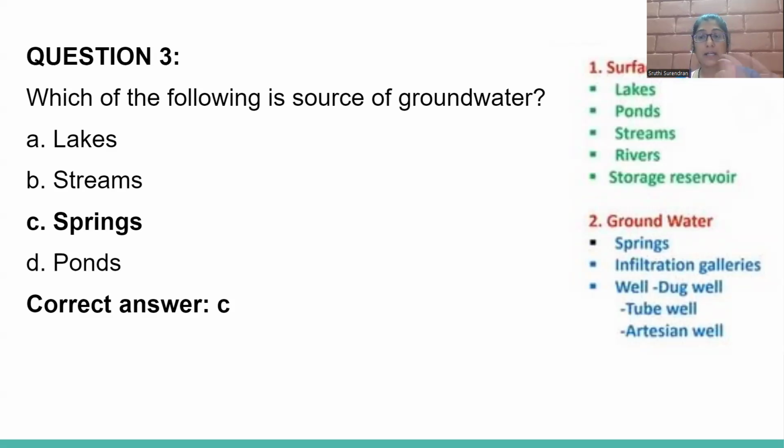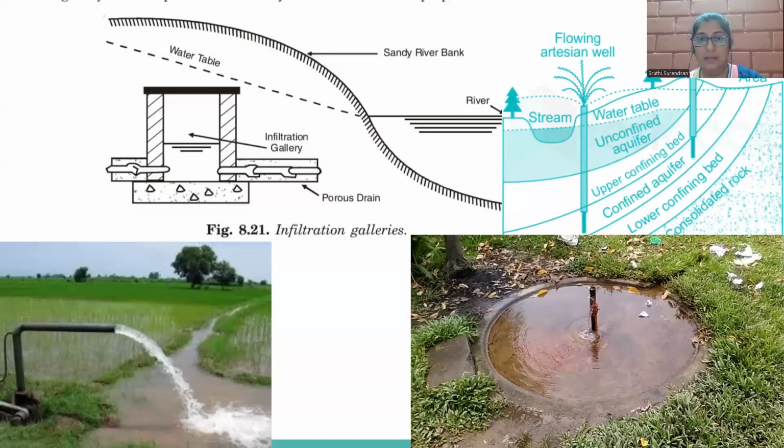So there are different kinds of wells as well. Let's get an idea about what an infiltration gallery is, what artesian wells and flowing artesian wells are, and what springs are. We know water comes from the base of a mountain. Sometimes when we go to tourist spots, there are small natural outlets of water coming from mountains. These are called springs.